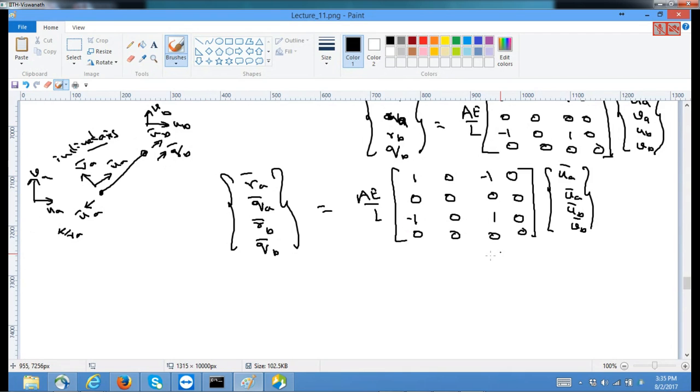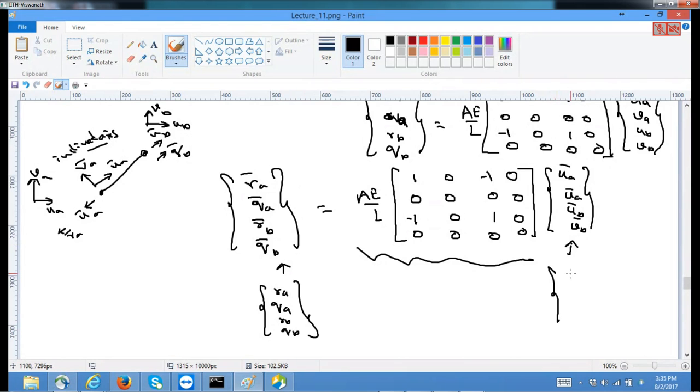So I want to convert this so that it becomes RA, QA, RB, QB, that is, the forces for the inclined member, and the displacements are also in the horizontal and vertical directions: UA, VA, UB, VB.